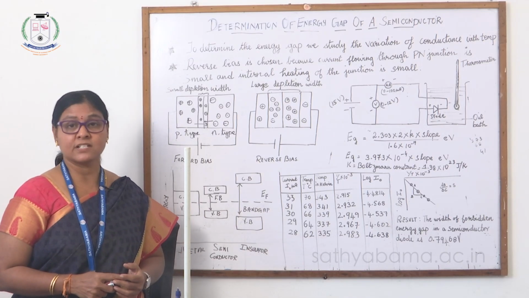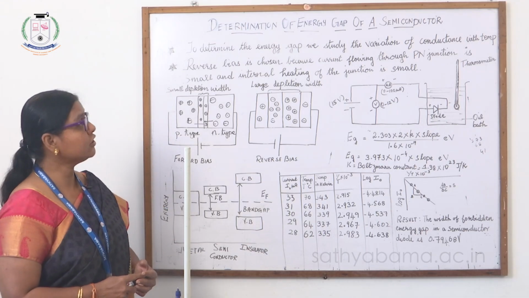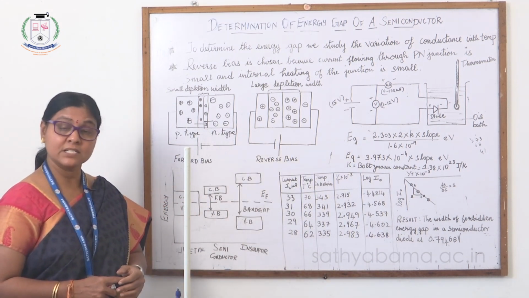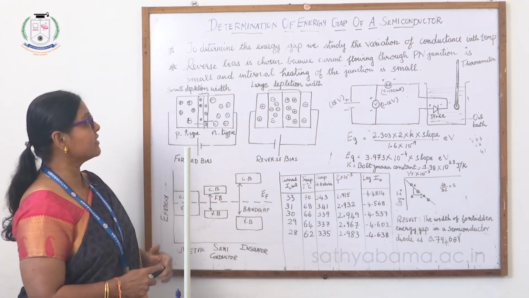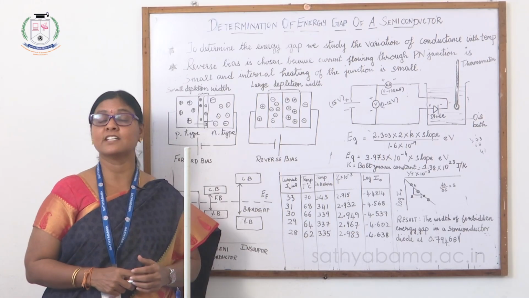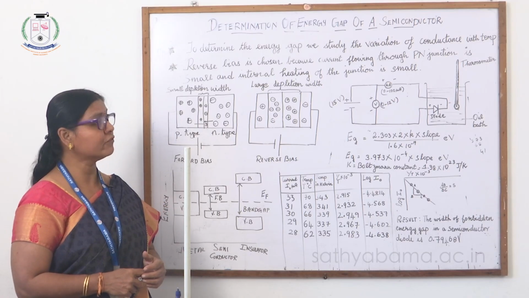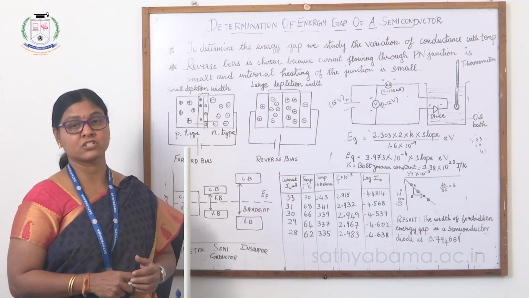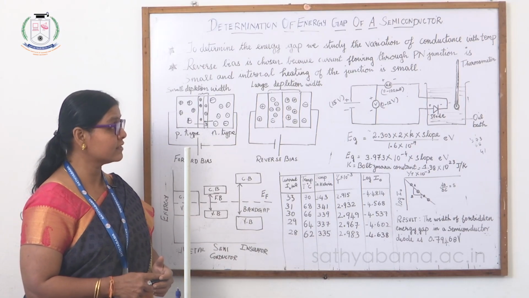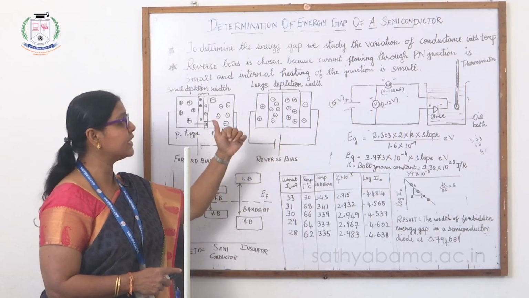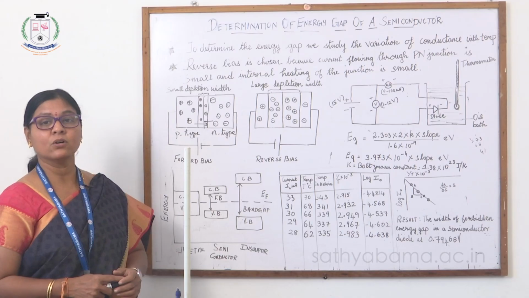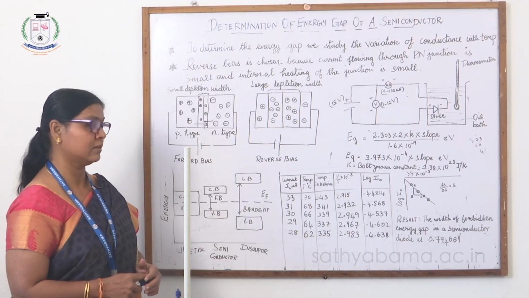So these are the 2 conditions that are needed in order to determine the energy gap of the given semiconducting material. The first condition is that to determine the energy gap, we study the variation of conductance with temperature. And the second point, reverse bias is chosen because the current flowing through the PN junction is small and internal heating of the junction is also small.